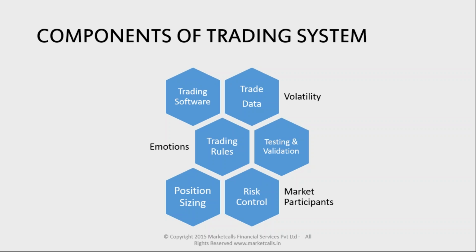Then comes your trading rules. Trading rules are generally some sort of mathematical formulas which tell you when to buy, when to sell, when to short, and when to cover. It is not necessarily the case that it has to have all four logics. It could be some sort of an investing model, which is just long only, right?